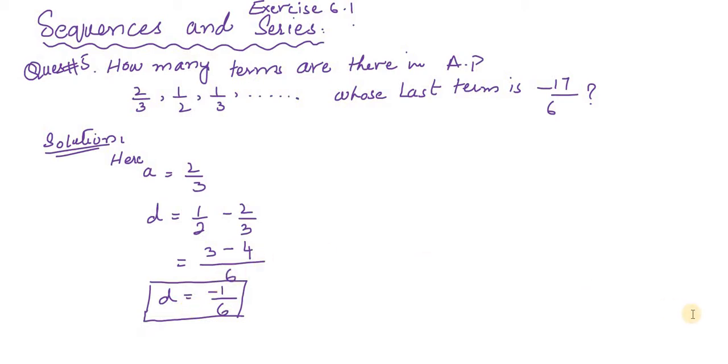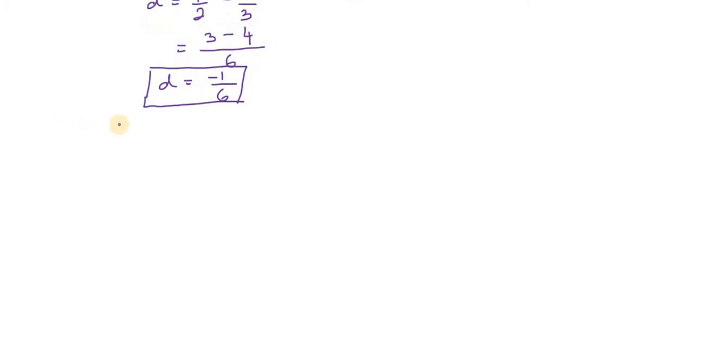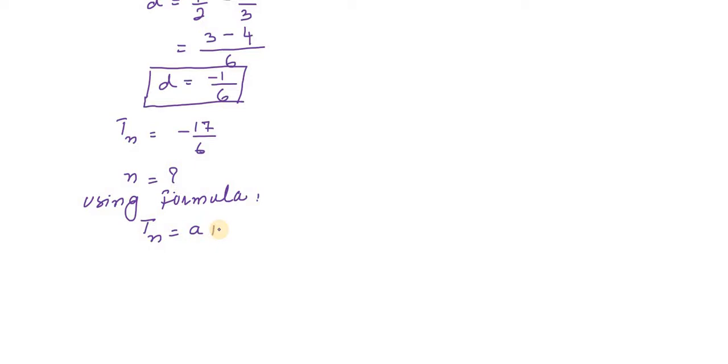And the nth term is minus 17 over 6, Tn is equal to minus 17 over 6, and we have to find the number of terms n. Here we use the formula, the general term formula, the nth term formula, that is Tn is equal to A plus n minus 1 of D. It is applicable for an arithmetic progression or sequence.